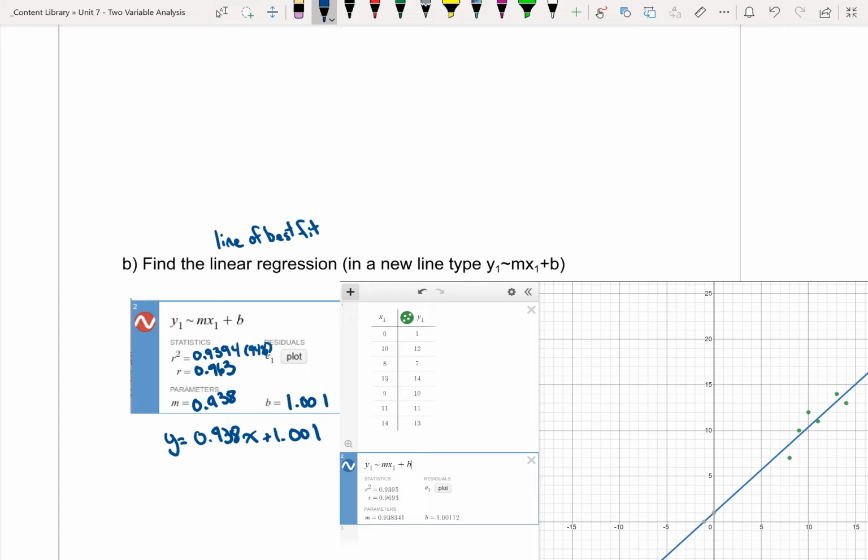So there is a very strong relationship between the two variables. And that is all given to you in Desmos.